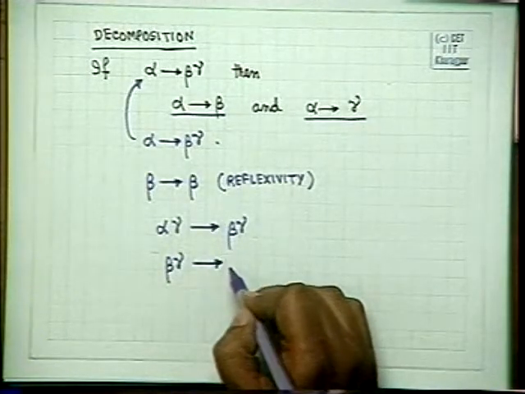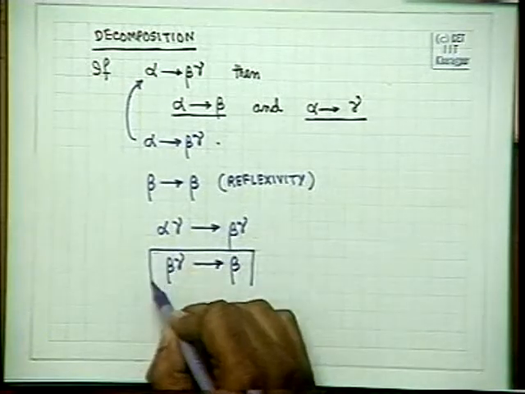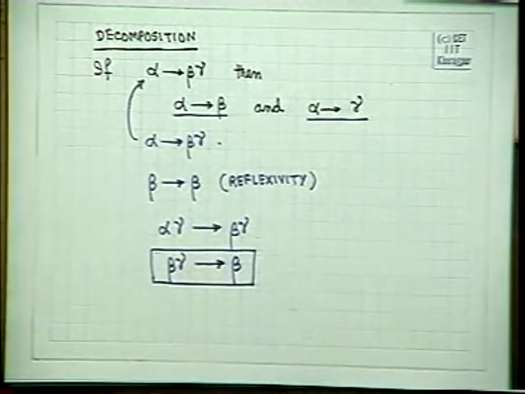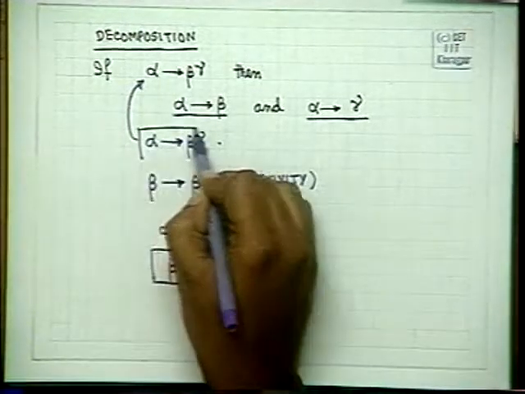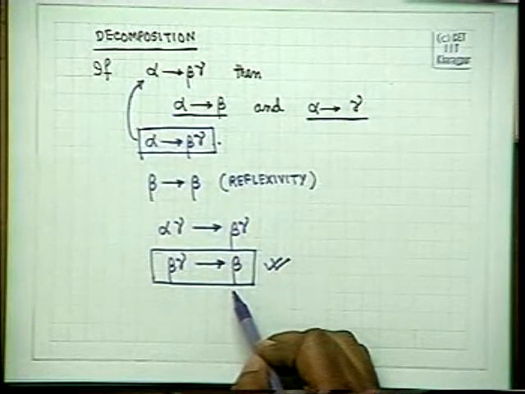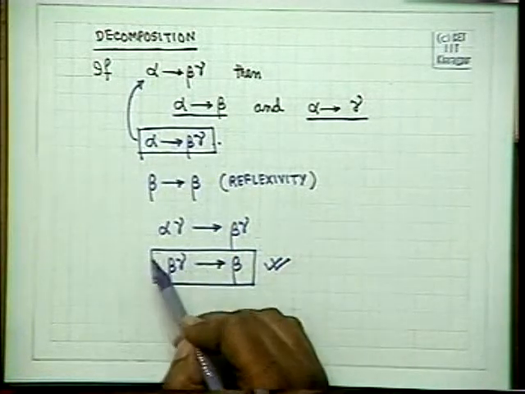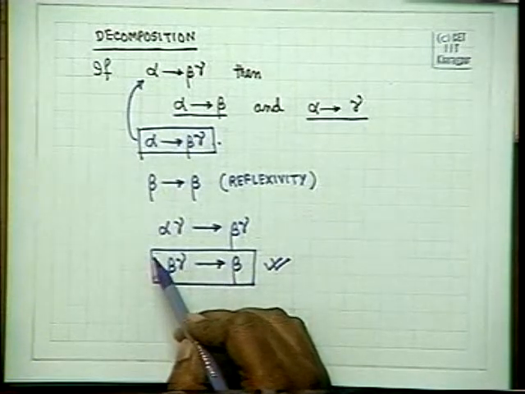Anyway, we will have to prove this first. If we can prove this and we have this, then we will use the transitivity rule to derive this. But this one has to be first proved using Armstrong's axioms.